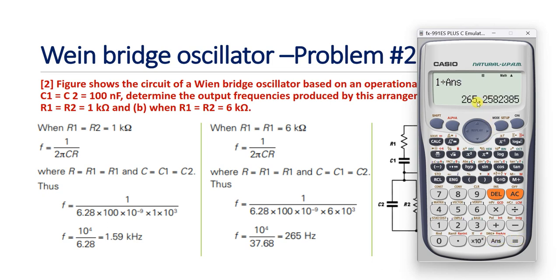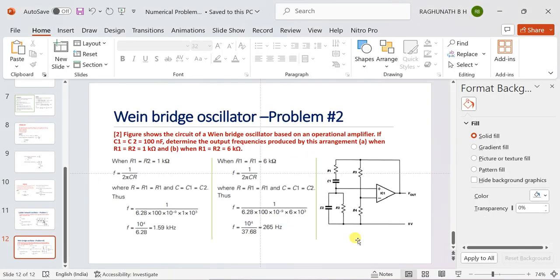It is 265 hertz. If you want to express it in kilohertz, 0.26 kilo. Otherwise, normally, I can write 265 into 10 power 0, means 1, 265.2 hertz only. So thank you.